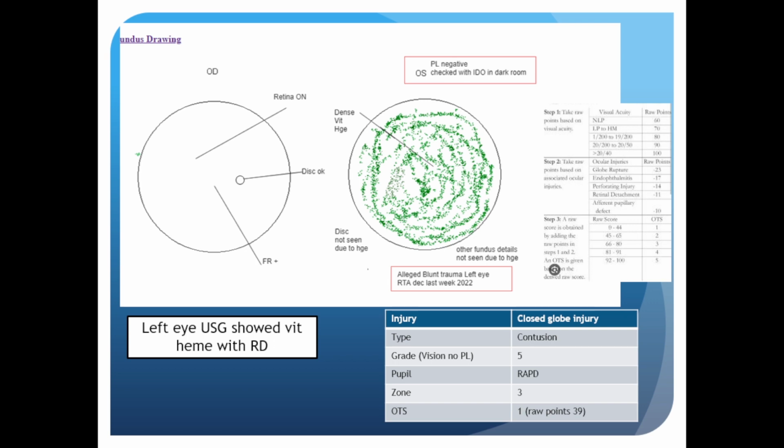So you tell me what is this vitreous hemorrhage due to? Causes of vitreous hemorrhage in a blunt trauma with clear anterior segment, with no injury to the anterior segment. There can be some large break causing vitreous hemorrhage post-blunt trauma. There can be damage to the angle structures. Now the anterior segment is normal, you see.